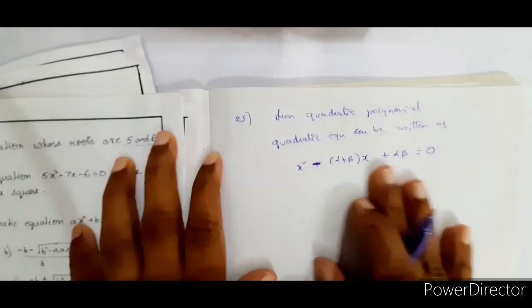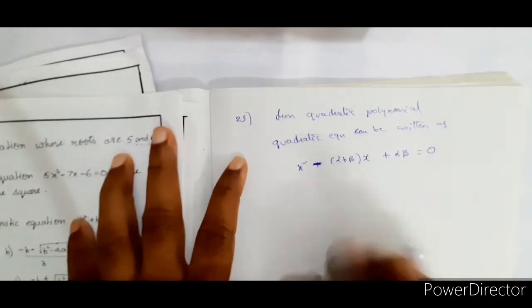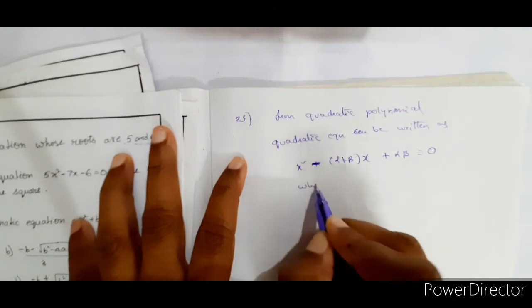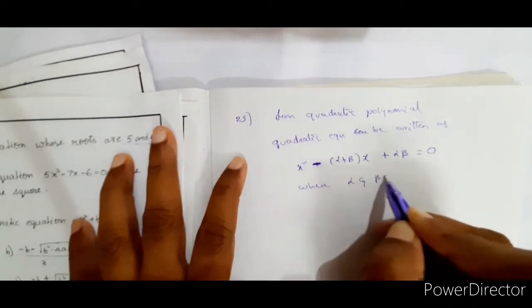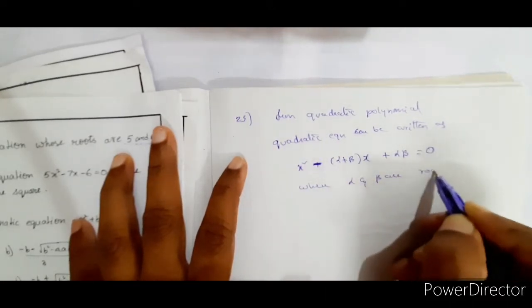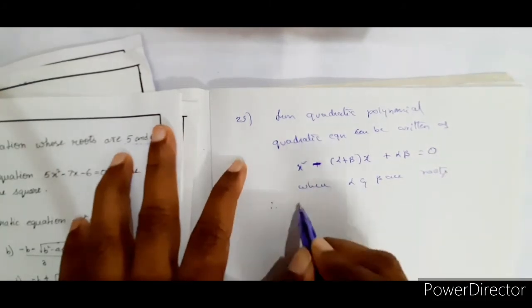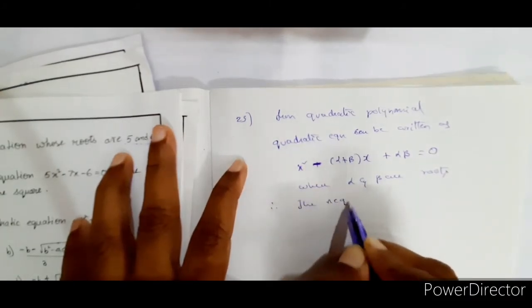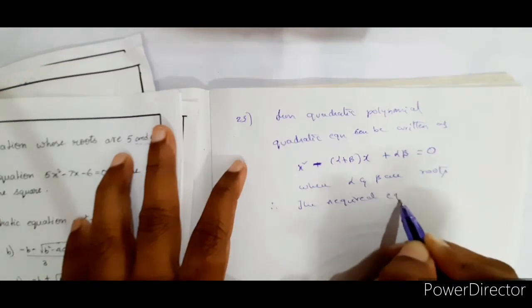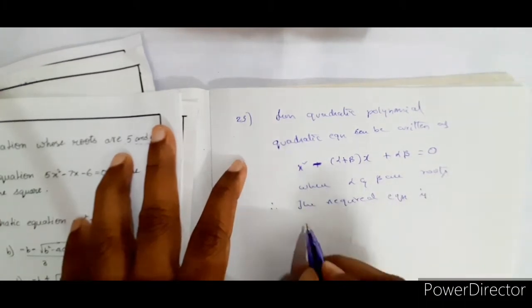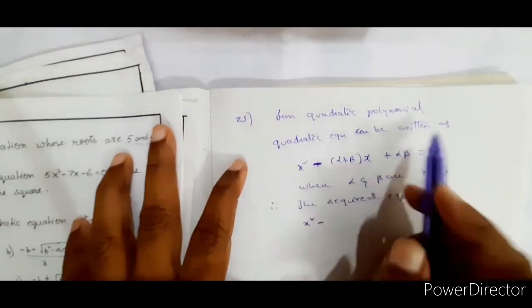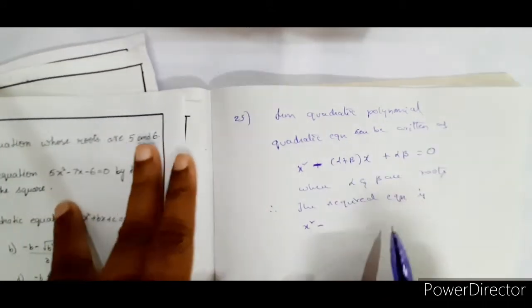This is the quadratic equation form, where alpha and beta are the roots. Therefore the required equation is x square minus, what are the given roots to us? 5 and 6.